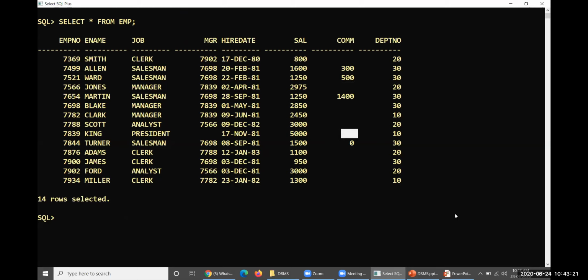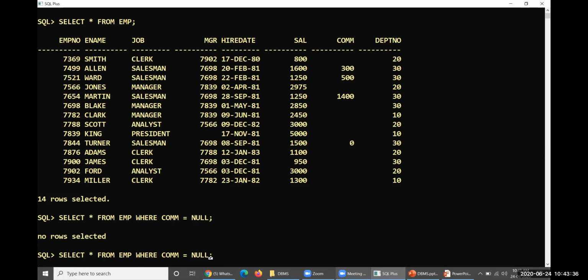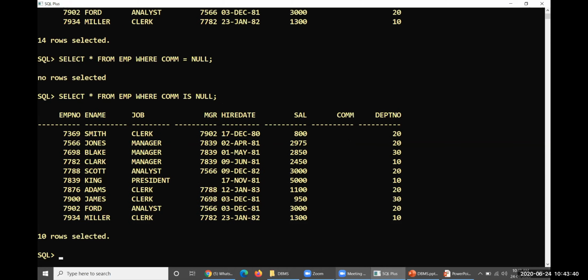I want to specify who doesn't have commission: select everything from EMP where COMM is equal to null. Null cannot be compared with equal to. Instead of equal to, you have to go ahead with IS.